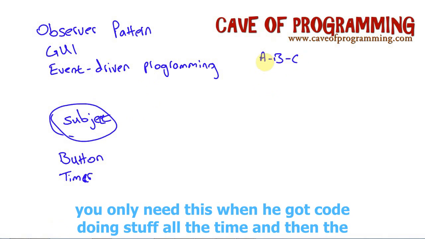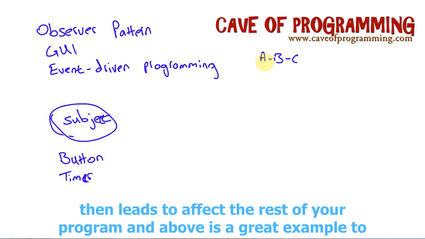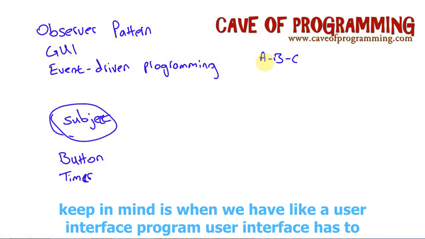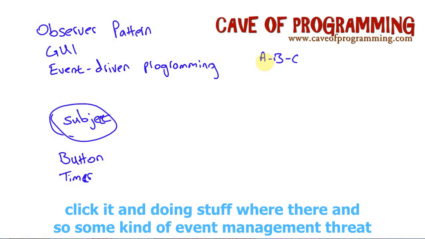You only need this when you've got code that's doing stuff all the time, and then there's stuff happening in the background that may do something at an unpredictable point, which then needs to affect the rest of your program. And a button is a great example to keep in mind. Because when we have a user interface program, the user interface has to be able to update itself and to change the way it displays in response to the user clicking it and doing stuff with it.